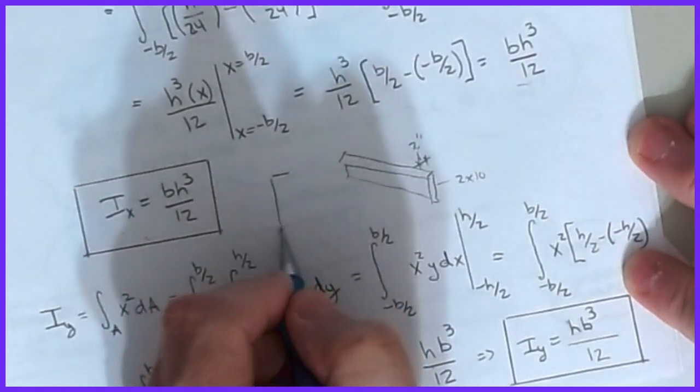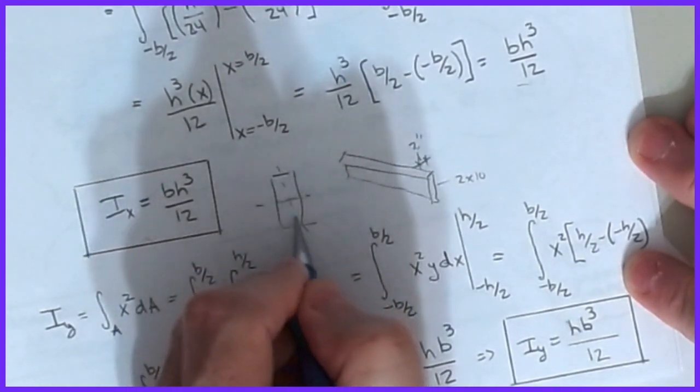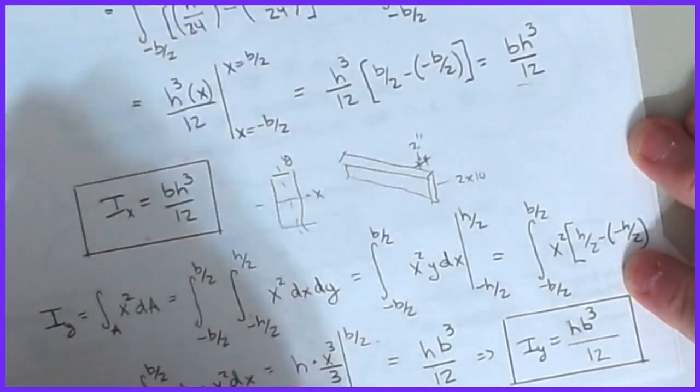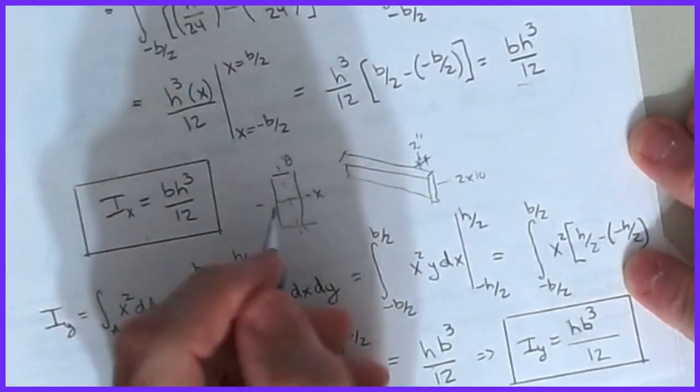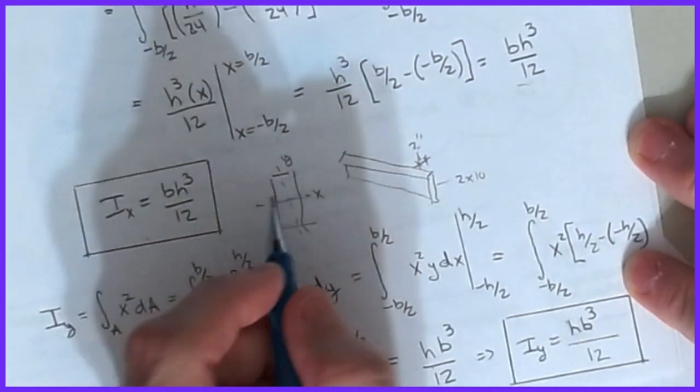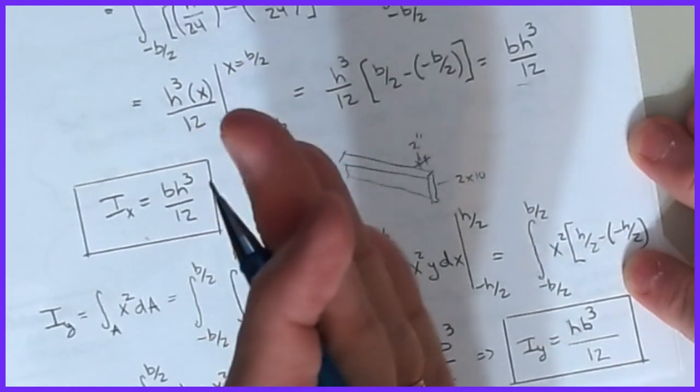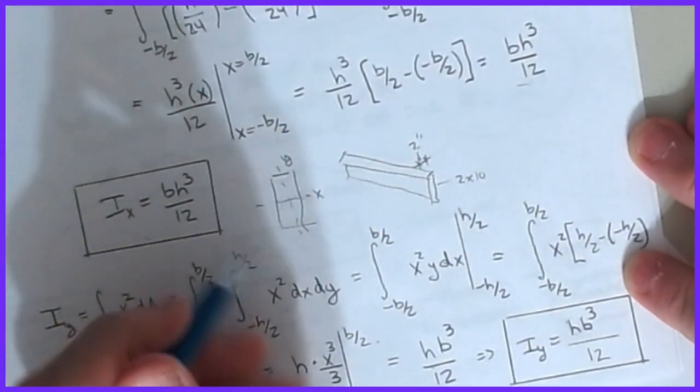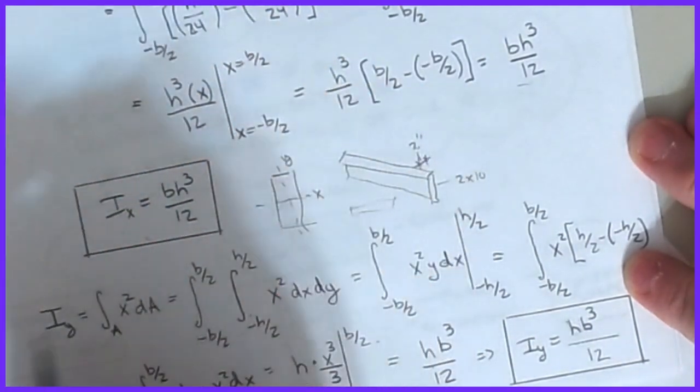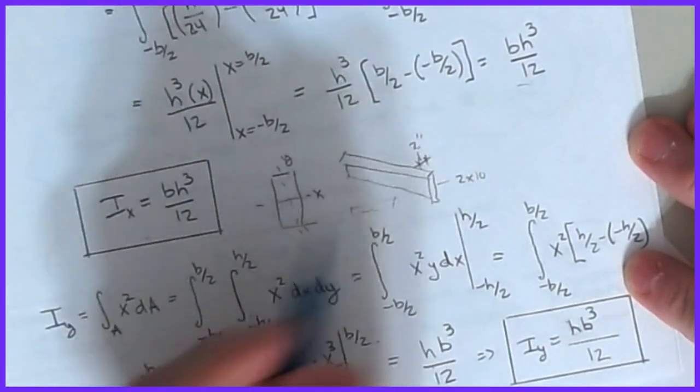So what we've done is we basically played this game, that's x and that's y. And that's why if you want to control deflections, you turn the beam so that the deep direction is up and down, as opposed to some other direction, where it would be a whole lot bigger deflection.